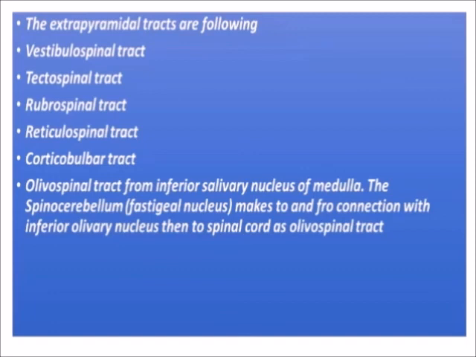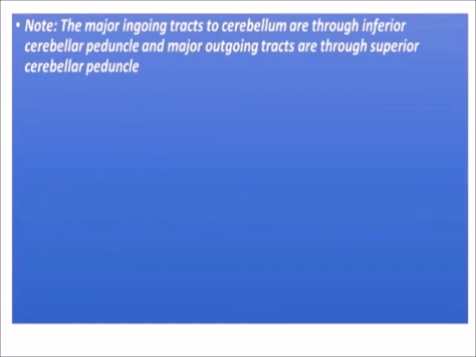The spinocerebellum makes to and fro connection with the inferior olivary nucleus, then to the spinal cord as the olivospinal tract. One must note here that the major ingoing tracts to the cerebellum are through the inferior cerebellar peduncle, and major outgoing tracts from the cerebellum are through the superior cerebellar peduncle.